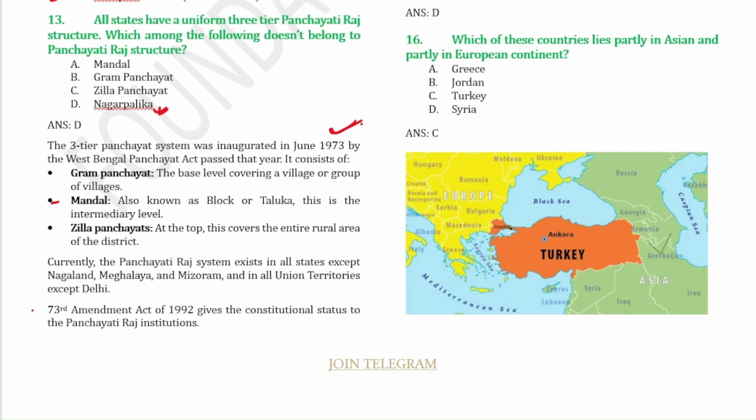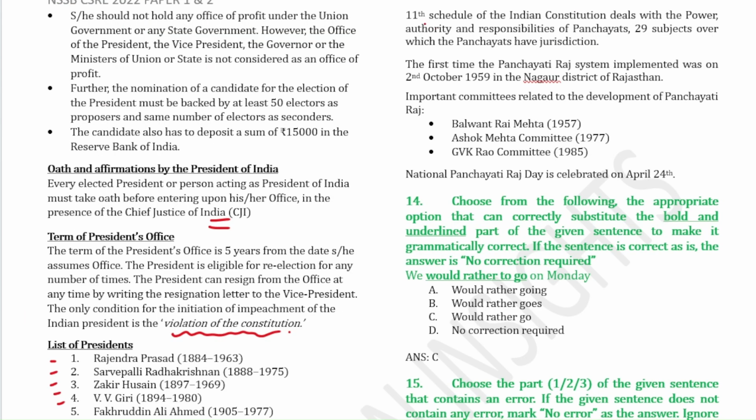And then this act is important. The 73rd Amendment Act of 1992 gave the constitutional status to the Panchayati Raj institution. And the 11th schedule of the Indian Constitution deals with the power, authority, and responsibilities of panchayats. The first time the Panchayati Raj system was implemented was in which state?